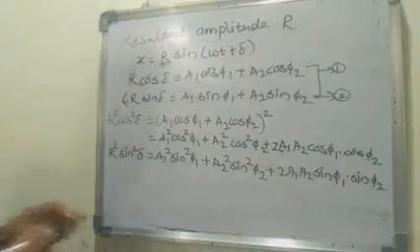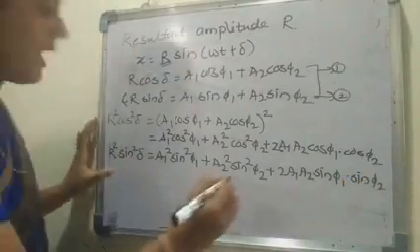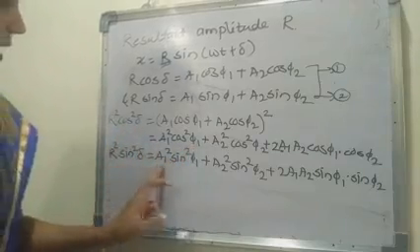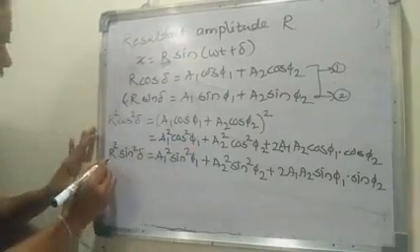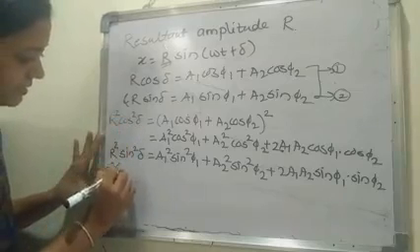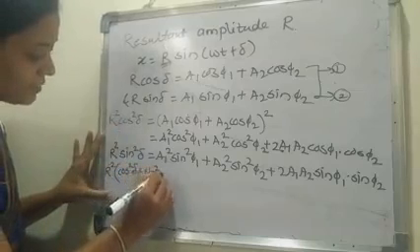So this is the equation for R square sin square delta. Now we add R square cos square delta and R square sin square delta. On the left hand side, take R square common, leaving cos square delta plus sin square delta.